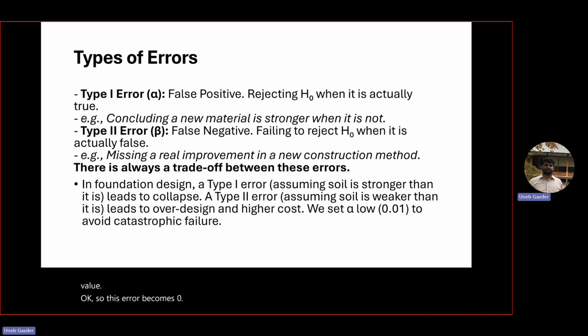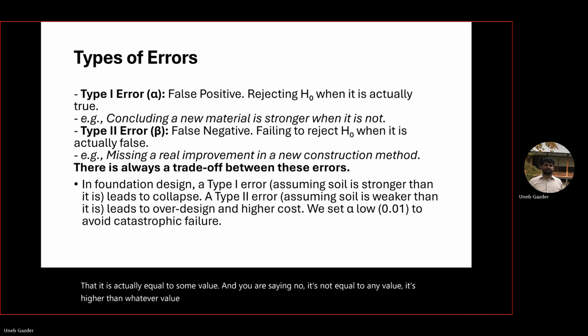But at the same time, you are increasing this error. Because now there is a very high chance that it is actually equal to some value, and you are saying no, it's not equal to any value. It's higher than whatever value we give. So both these errors have to be considered. Maybe they are equal, and I'm assuming it to be not equal.